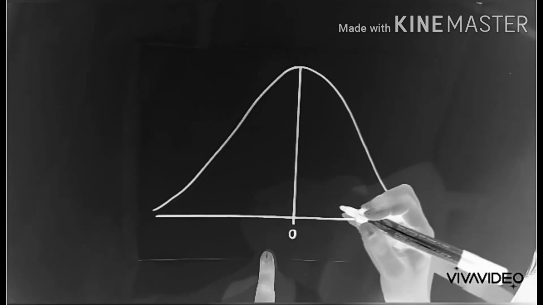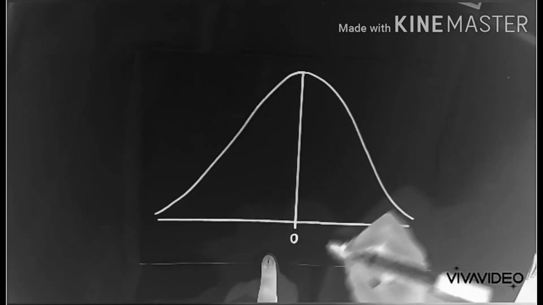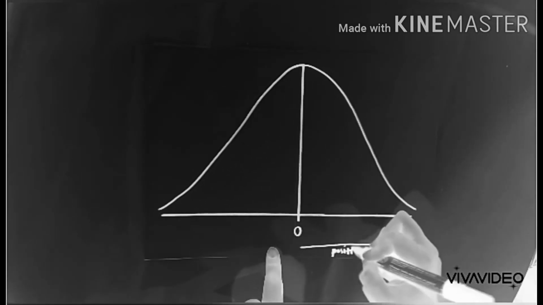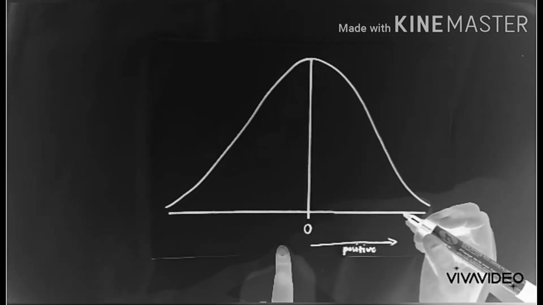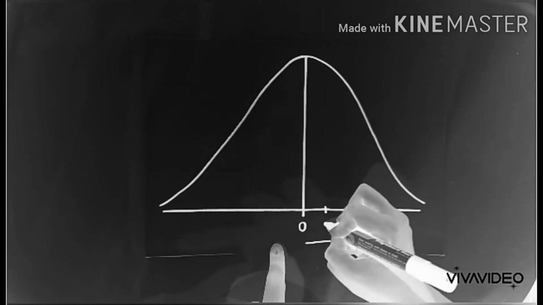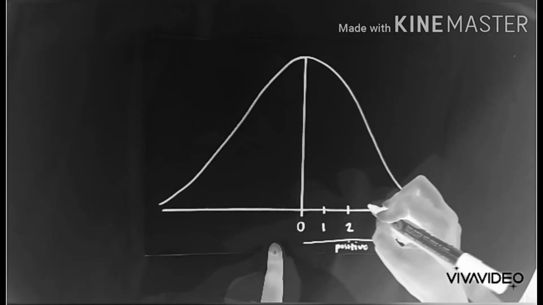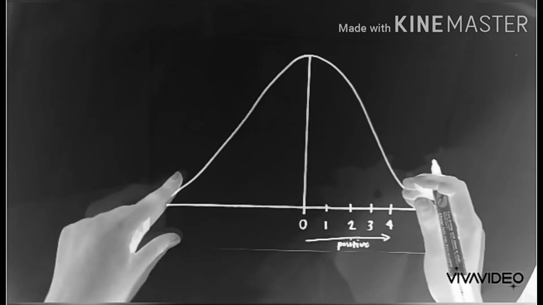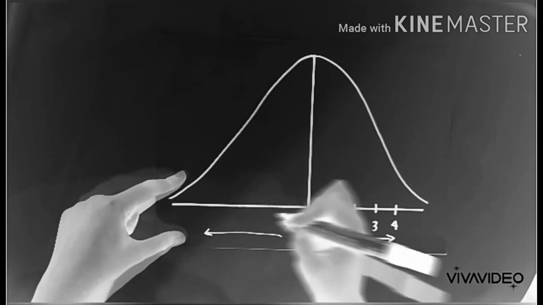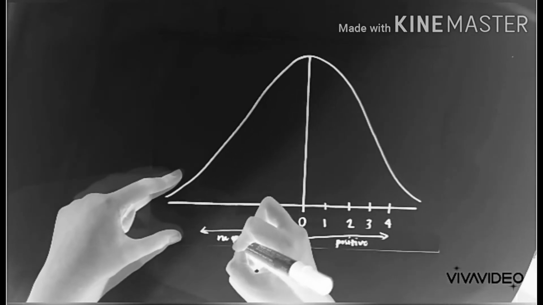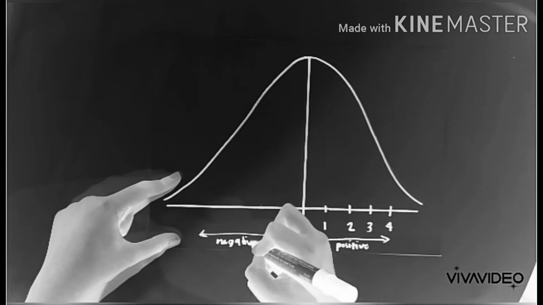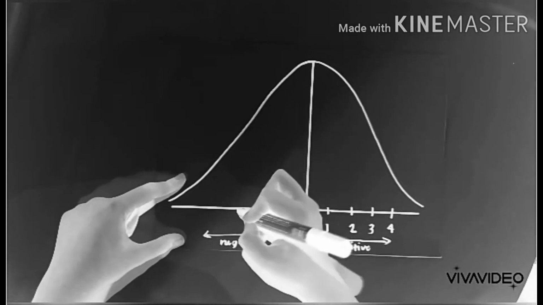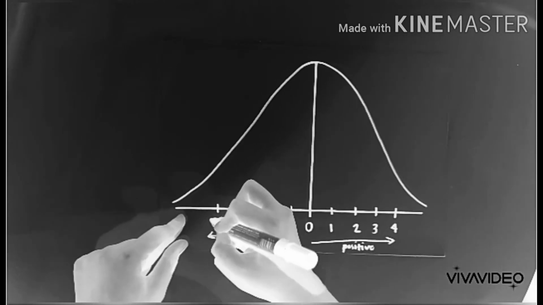Everything to the right-hand side of 0 is positive, so we're going to have positive 1, 2, 3, and 4. And everything to the left-hand side of 0 is negative, so we're going to have negative 1, negative 2, negative 3, and negative 4.